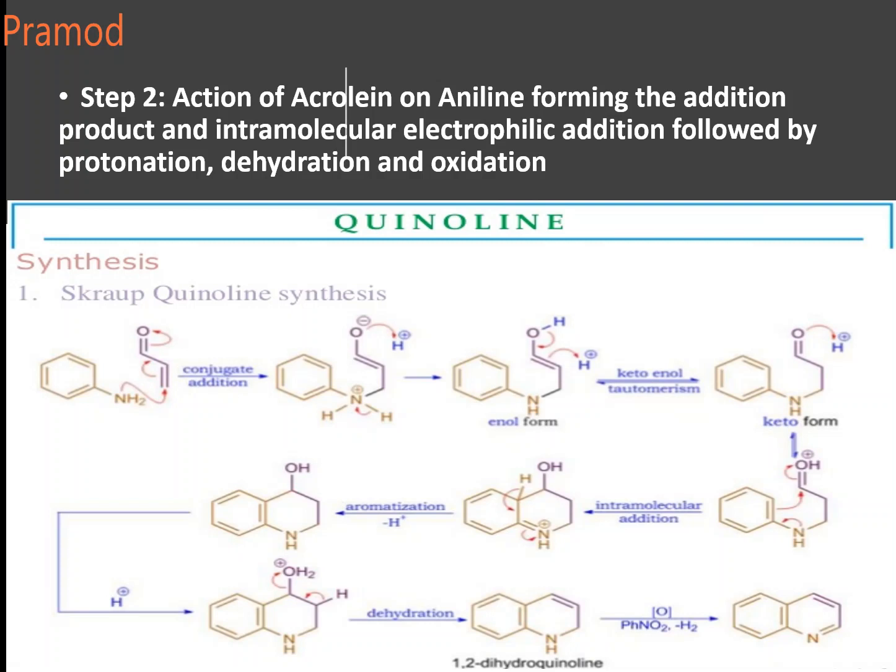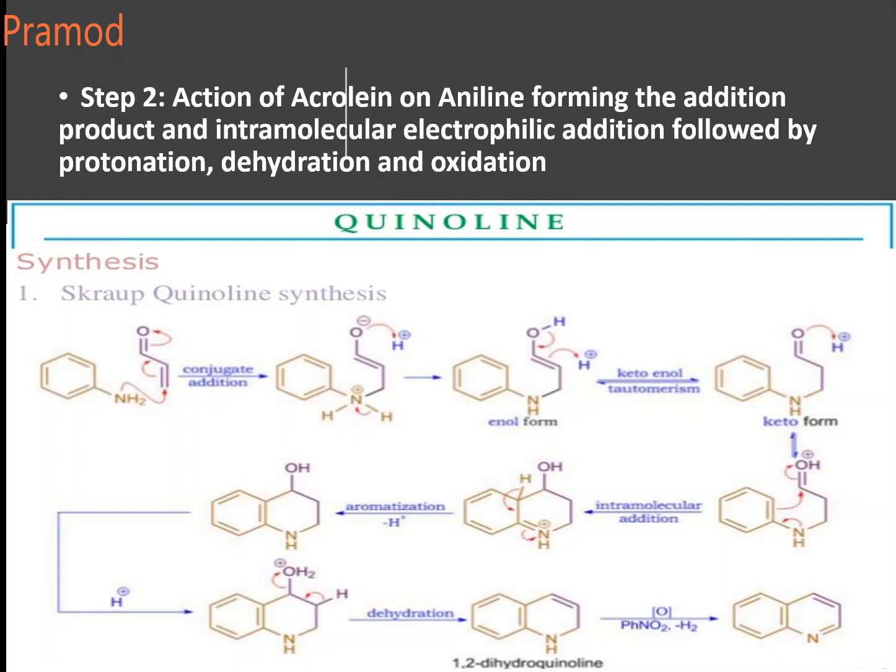In the conjugate addition, nitrogen has a positive charge, and now this undergoes keto-enol tautomerism with the loss of a proton. The double bond and OH, the enol form, gets converted to the keto form. Now the next step is protonation. Before there was loss of a proton, now again gain of a proton, so the carbonyl O gets protonated.